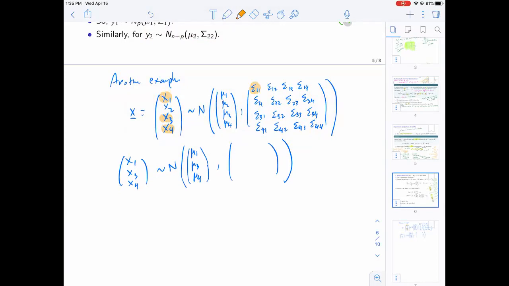The indices of the elements are 1, 3, and 4, so I look at the submatrix on rows 1, 3, and 4 and columns 1, 3, and 4. So the submatrix would be this. That would be the covariance matrix of this vector, so these elements go in there. It just goes the same.